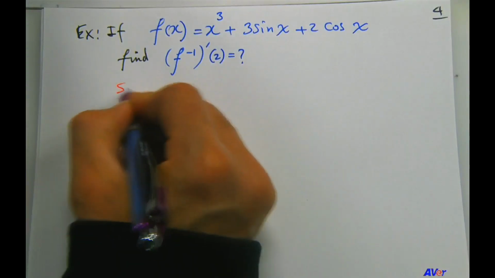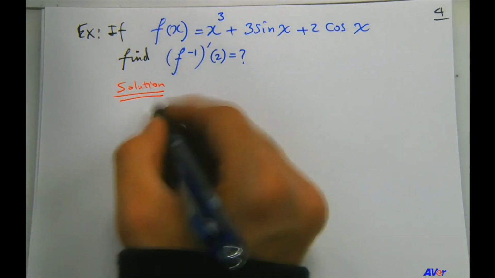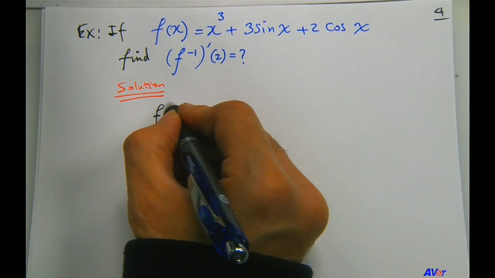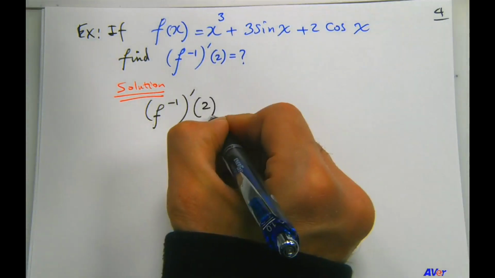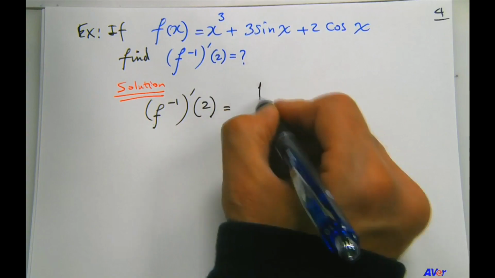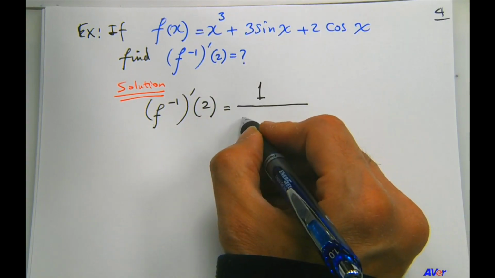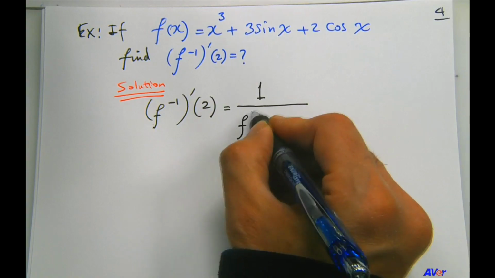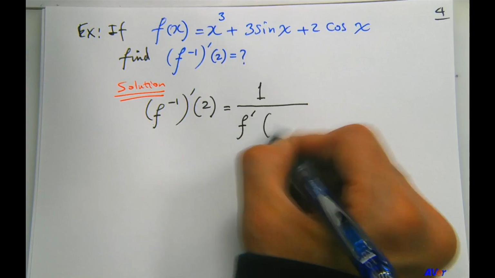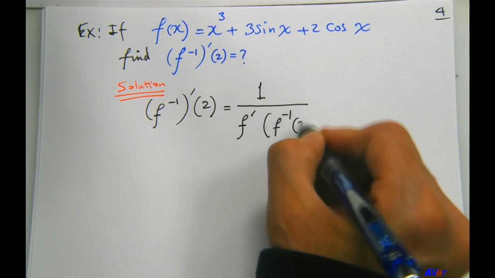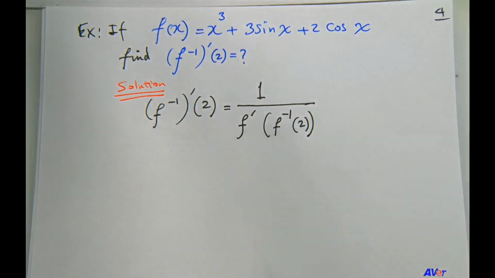So the derivative of f inverse at 2 would be equal to 1 divided by the derivative of f at f inverse of 2. Okay, so that's the formula we have.